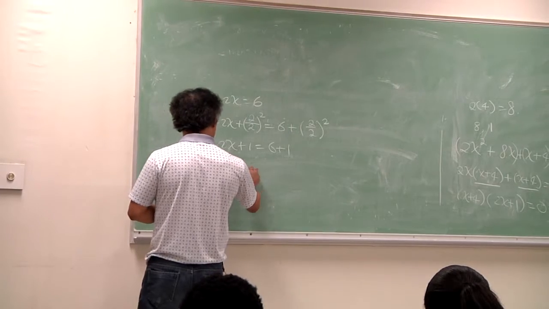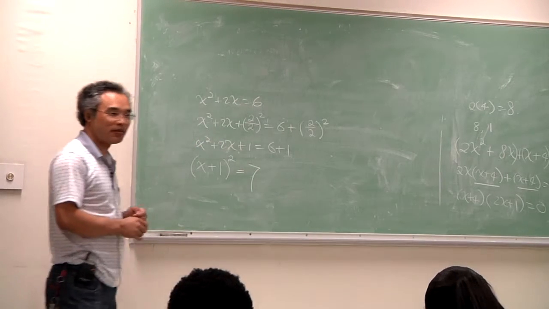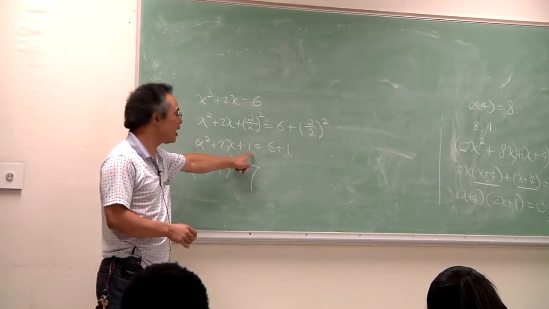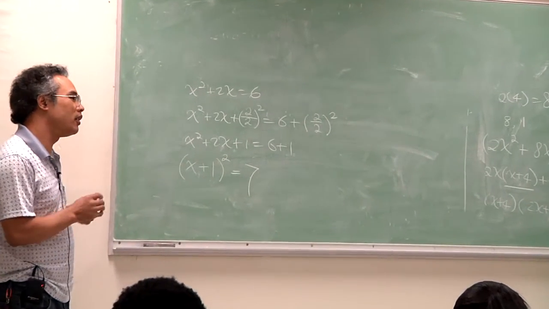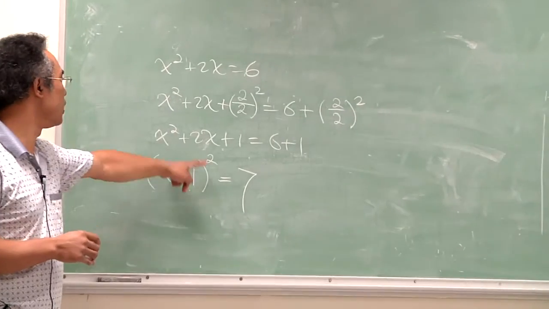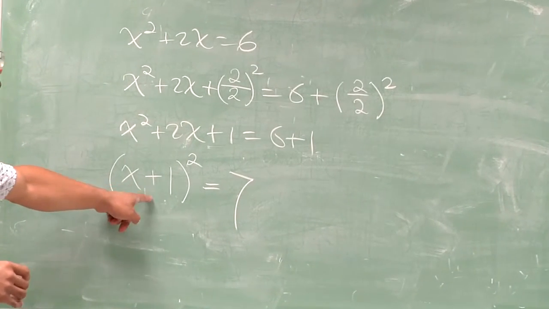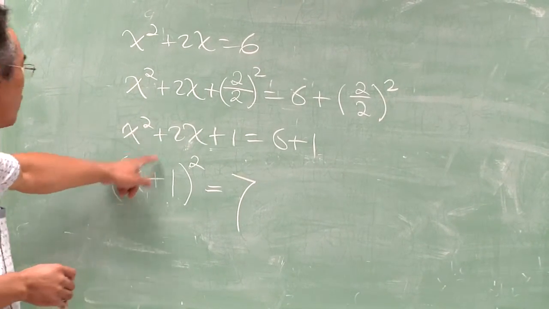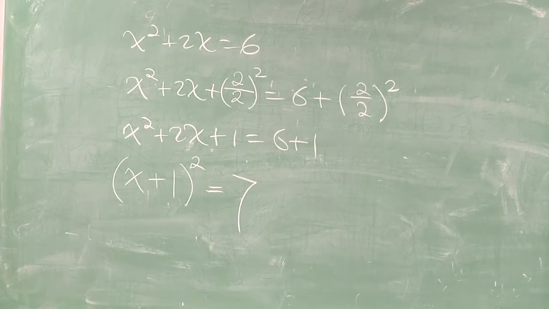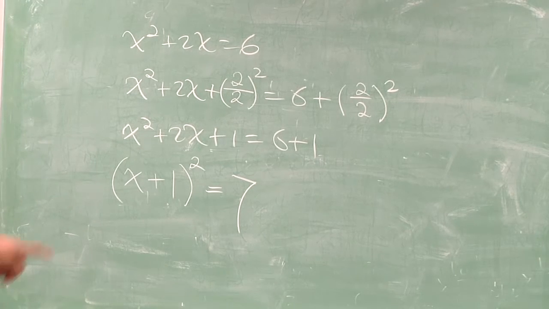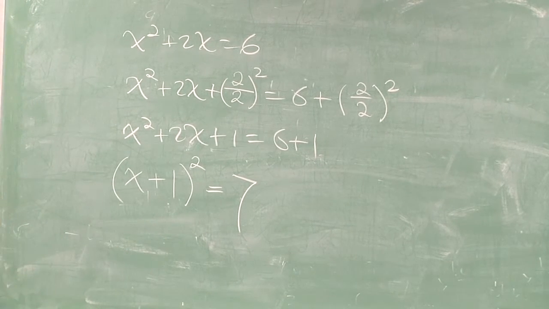Yes, it's 1 actually. And this can be easily proved: you can FOIL the left side and you will get the same thing as we had. So now we got a perfect square on the left.